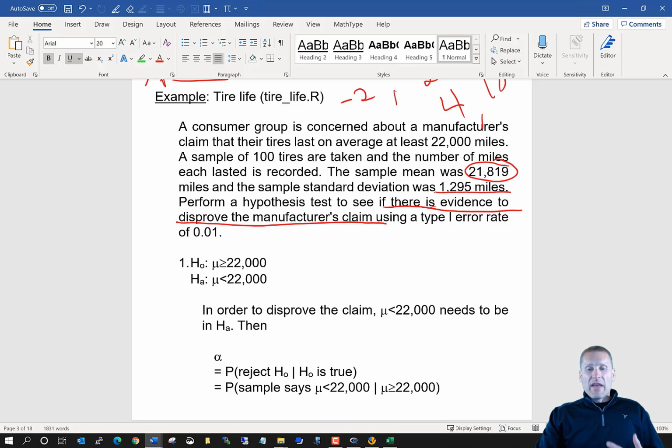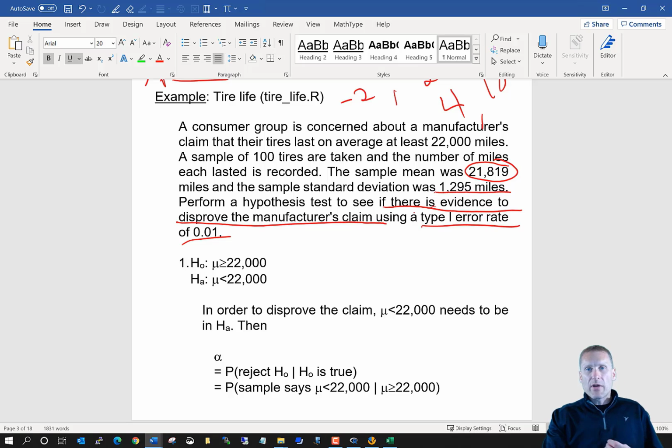So that statement there then controls how we set up the hypotheses. Is it going to be a right-tailed test or left-tailed test? It's very, very important because, again, this is a particular location where students struggle. Okay. Is there evidence to disprove the manufacturer's claim? So that's what we're trying to do, and control the type 1 error rate at 1%.